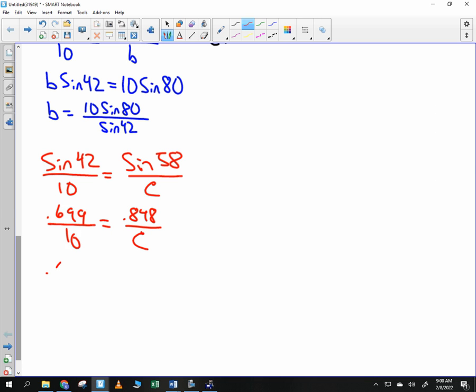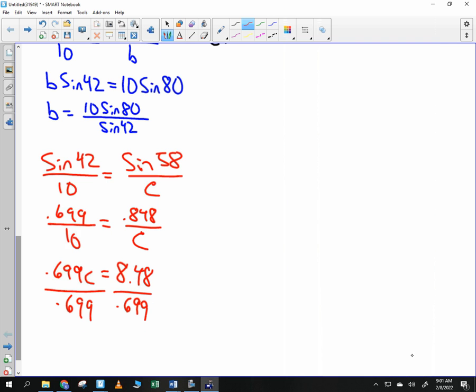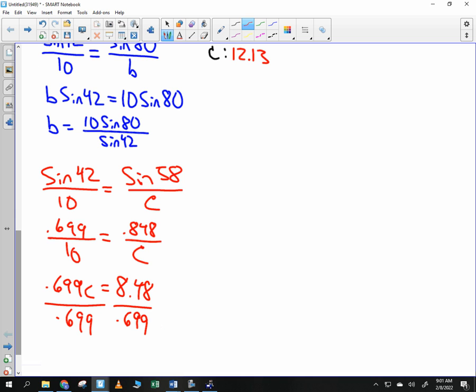Notice I get 0.699C is equal to 10 times that is 8.48. Divide both sides by 0.699. So again, if you want to just convert them to decimals, that's another way to do it. Let's try it. I get 8.48 divided by 0.699, and I get 12.13. Oh, it's not 0.699, it was 0.669, wasn't it?